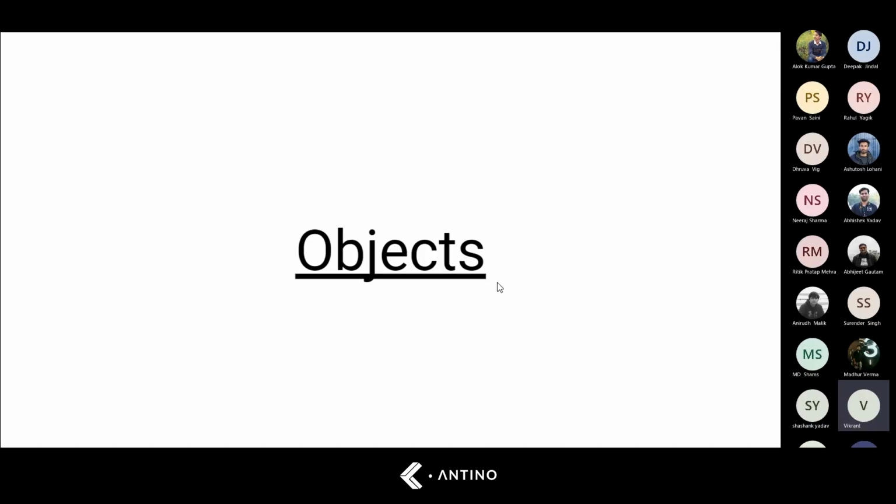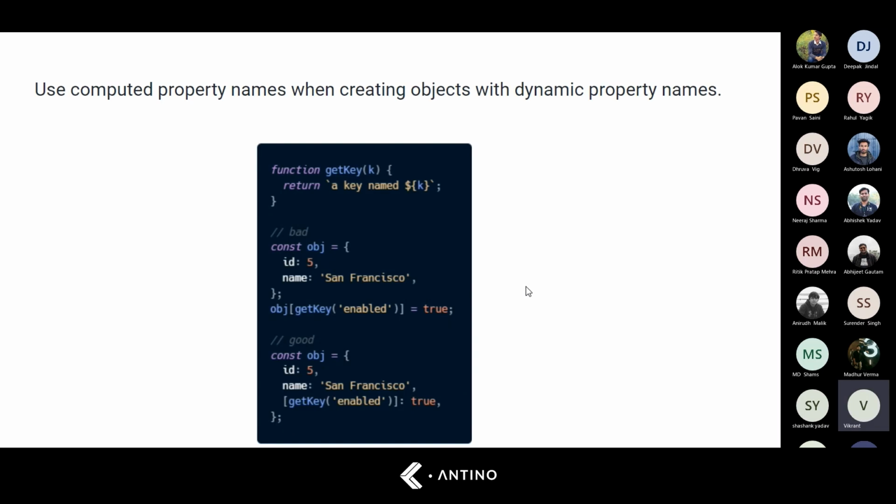Yes. So we will start with the best practices one can follow when it comes to objects. The first approach is to use computed properties. While you are creating an object, you must have assigned a value dynamically. You must have done it before.